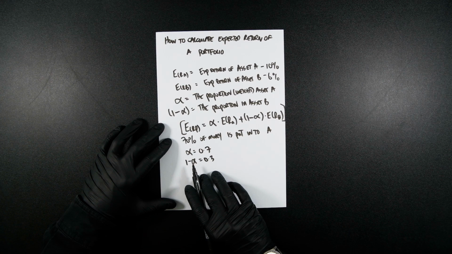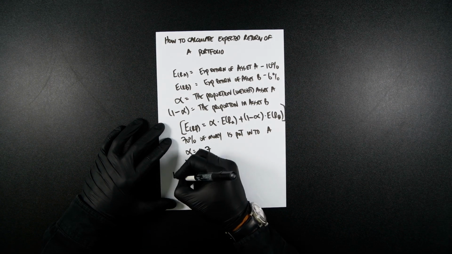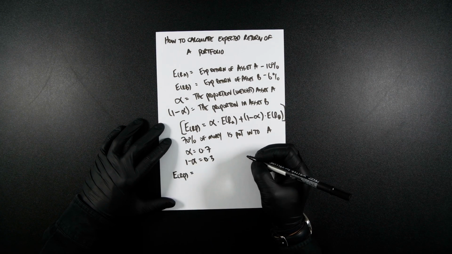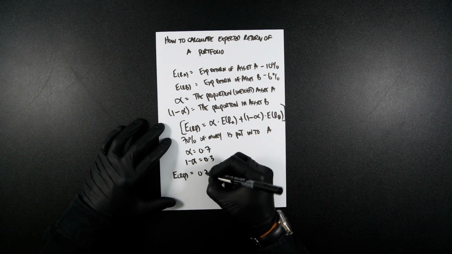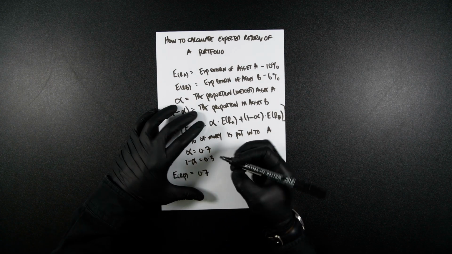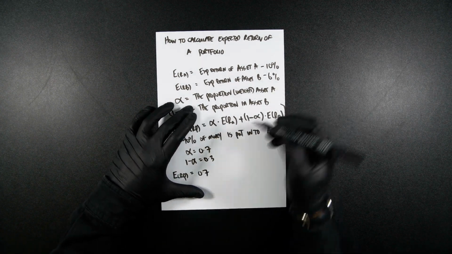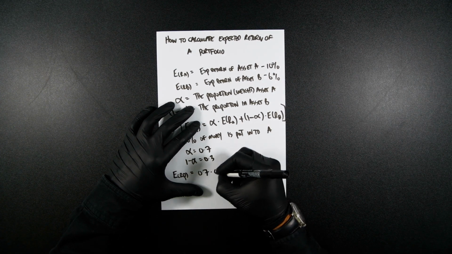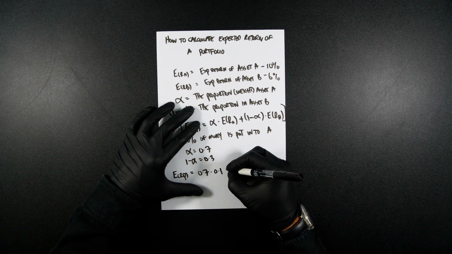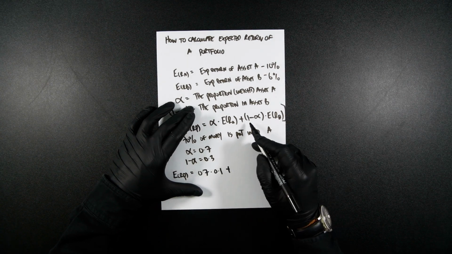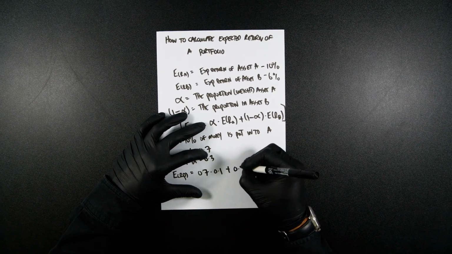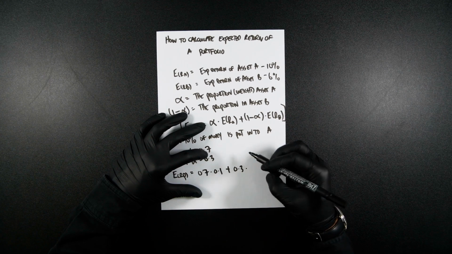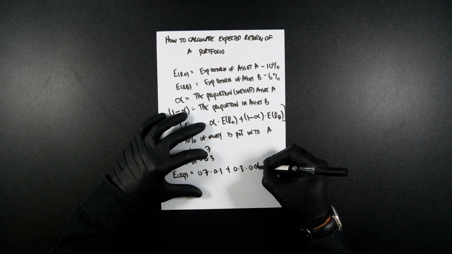So if we now start plugging in, we're going to get ERP, which is going to be 0.7 times ERA, which is 10%, but we would convert that into 0.1, plus 1 minus that, which is 0.3, multiplied by 6%, which is 0.06.